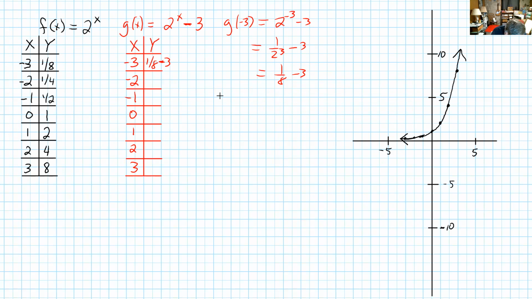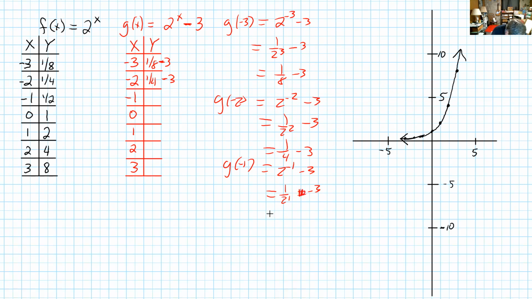If x is -2, g of -2 equals 2 to the -2 minus 3, which is 1/4 minus 3. G of -1 is 2 to the -1 minus 3, which is 1/2 minus 3. G of 0 is 2 to the 0 minus 3, which is 1 minus 3, which is -2. I'm still going to leave it as 1 minus 3.